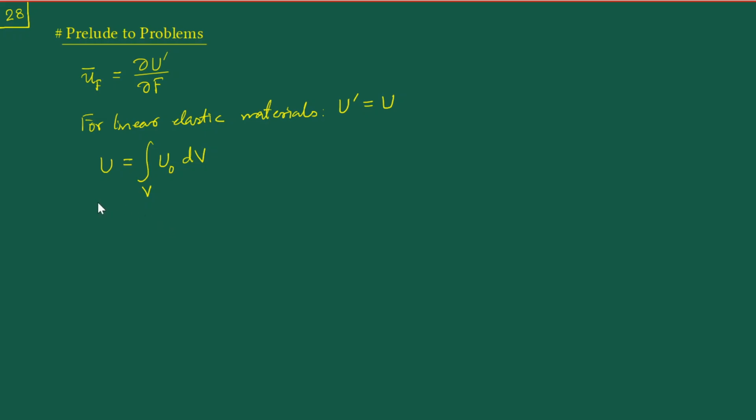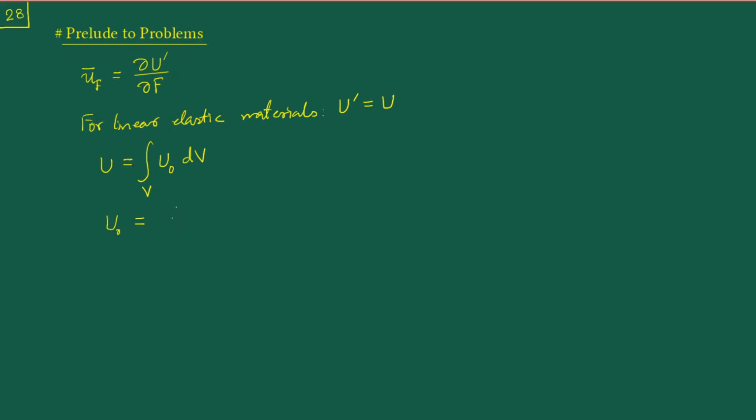So what I will do here is write down the expression for the strain energy density U naught for a linear elastic isotropic material in this fashion. Let me write this down and then we can go into a discussion of this.